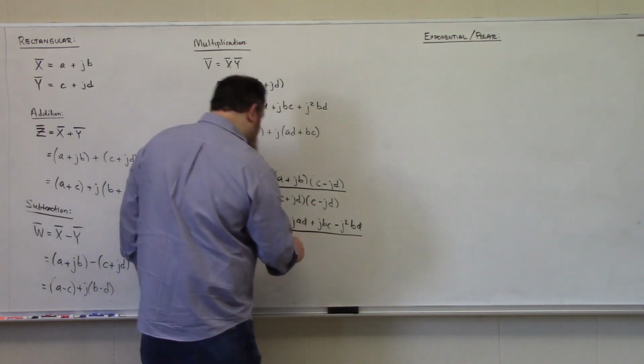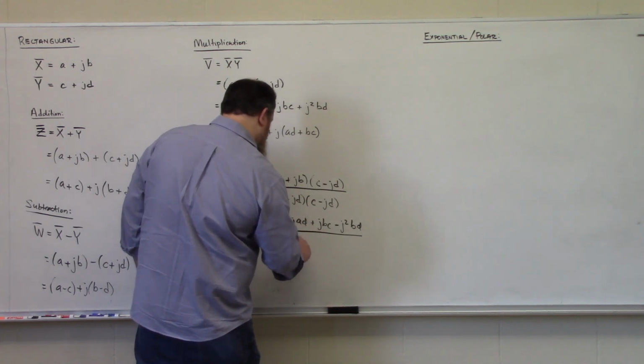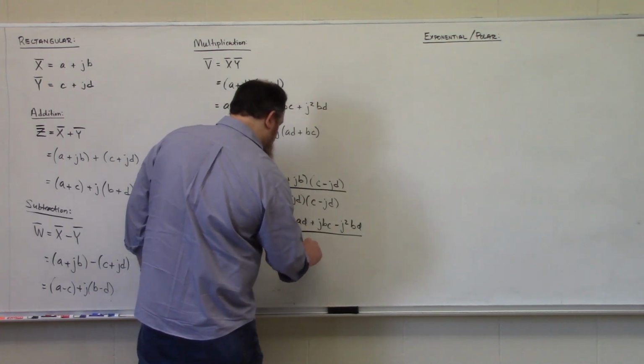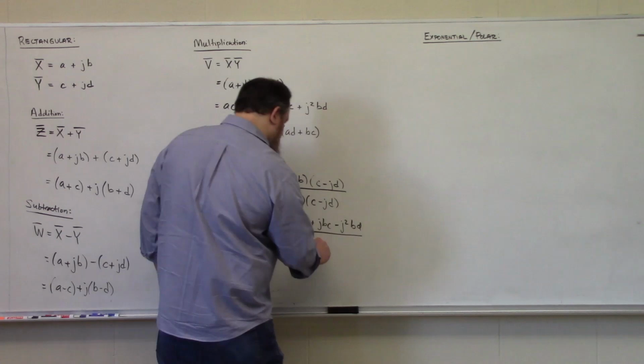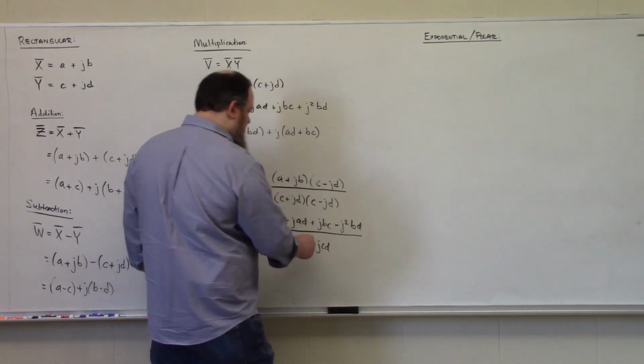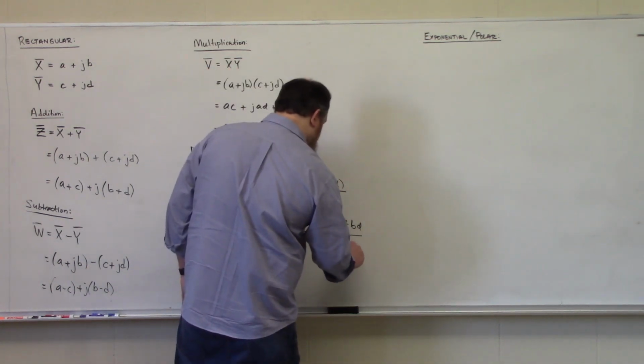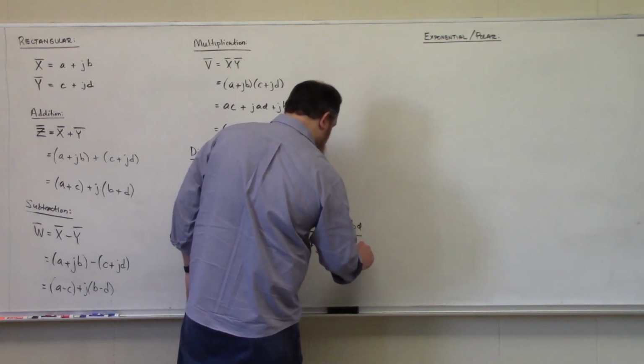In the denominator, I'm going to have C squared minus jCD plus jCD, so these two terms are going to cancel each other out, minus j squared D squared.